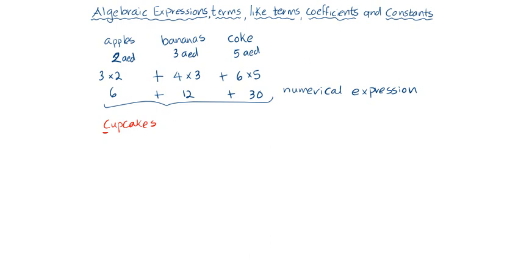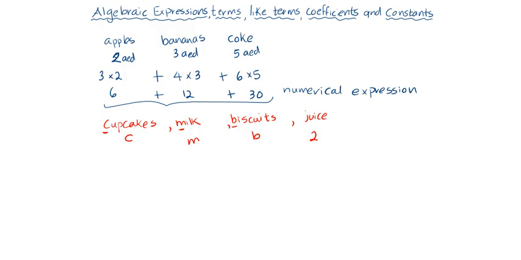Because cupcakes start with C, let the price of one cupcake be C. We're also buying flavored milk, but we don't know the price of one milk bottle, so let it be M. We're also buying biscuits, and because it starts with B, let its price be B. And we're also going to buy juice, but the juice we know the price of, which is 2 dirhams.